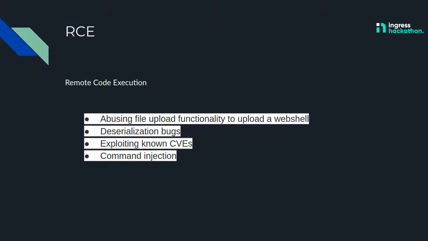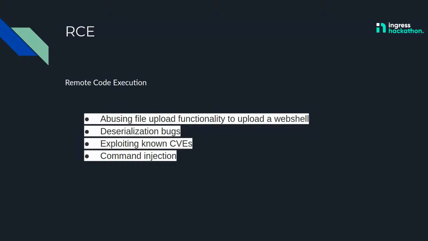RCE is remote code execution, which comes under the category P1, which is the critical one. If you successfully exploit an RCE, you could even take control of the web server or the whole system. And some of the methods which I use for RCE is file upload vulnerability, in which you could upload a file and get a reverse shell, or you can upload a web shell, for example.